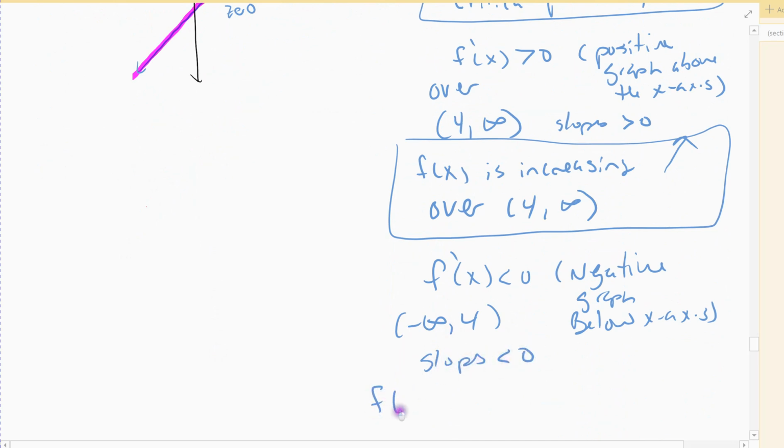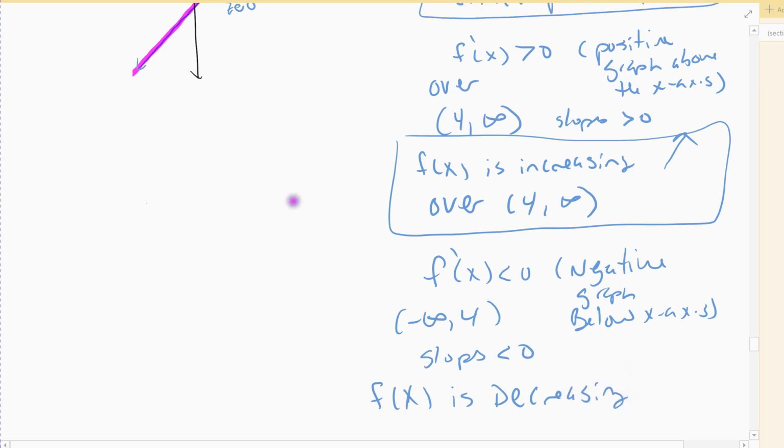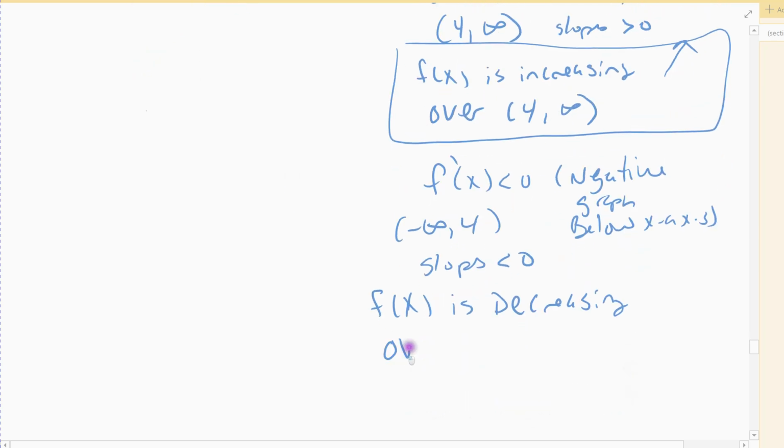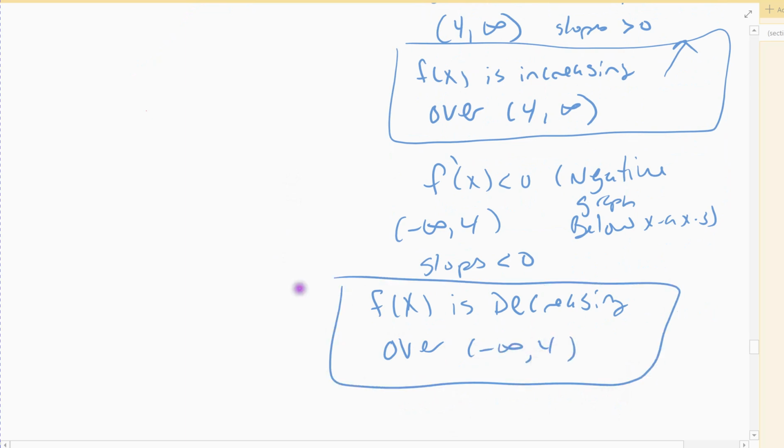That tells me the original function f of x is decreasing. I don't know how fast or slow, but I know it should be moving down between negative infinity and 4, down to the critical point.